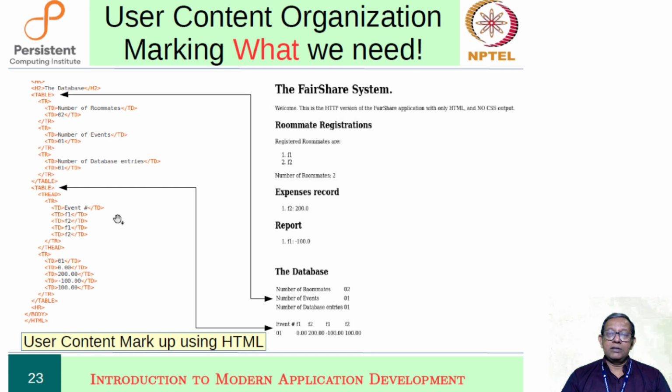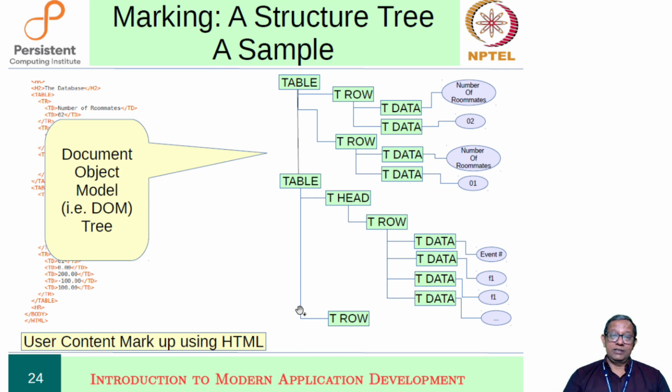Let us for a moment see and understand this organization of HTML. The HTML that we just saw, which created this part of the presentation of information of the user content, we can conceptually imagine as a tree structure.